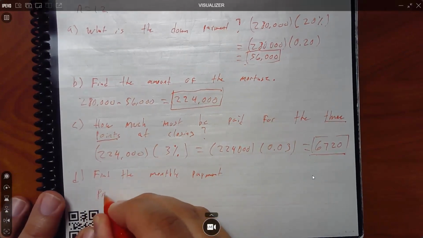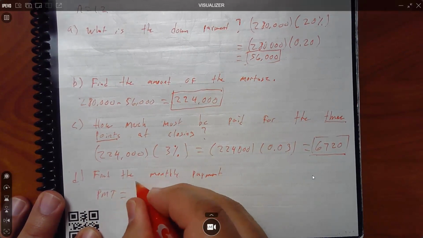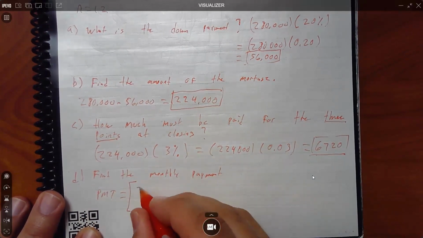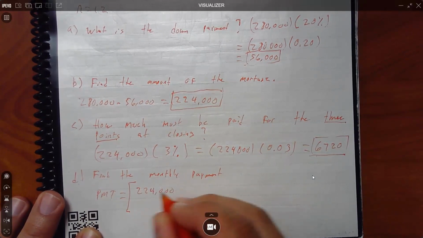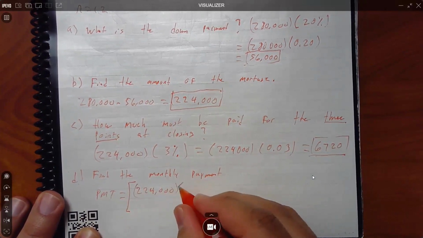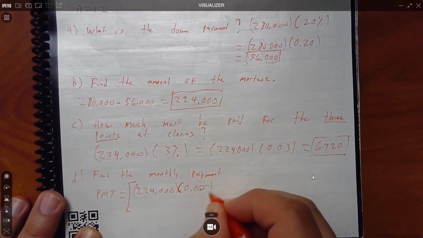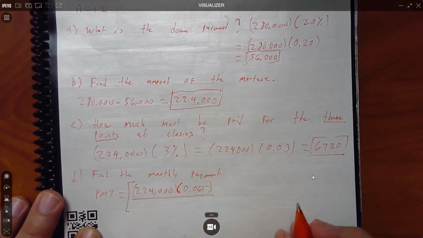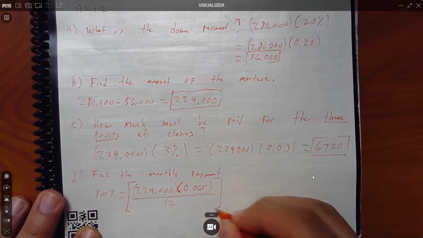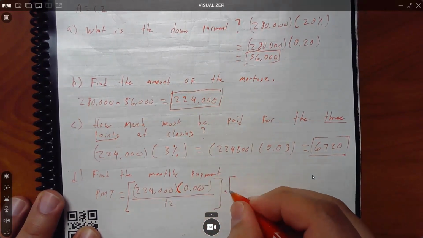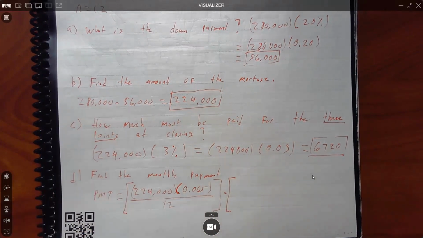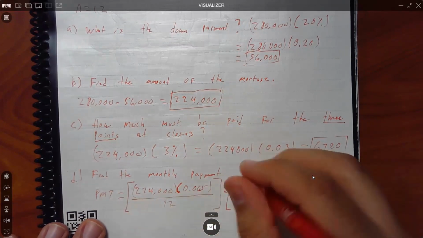So the payment will be P, which is 224,000, times R, which is 0.065 over 12, times, oh, actually divided by, not times.